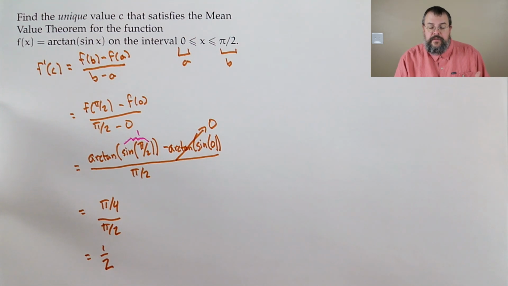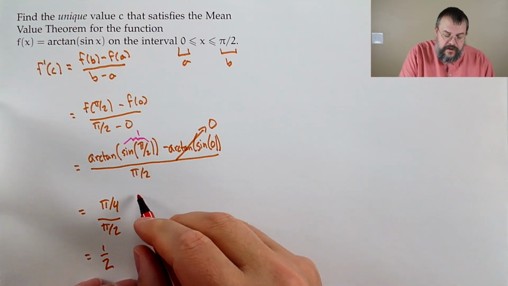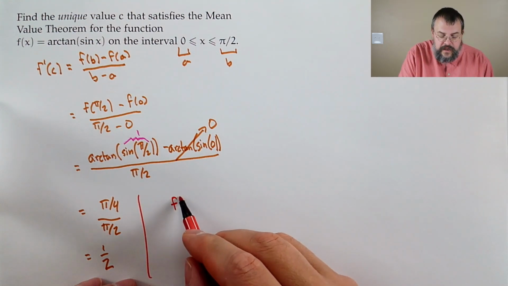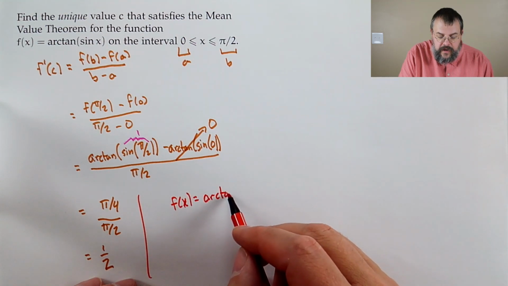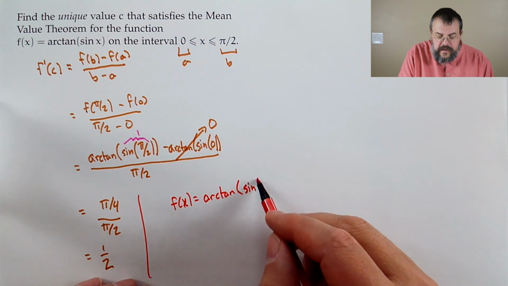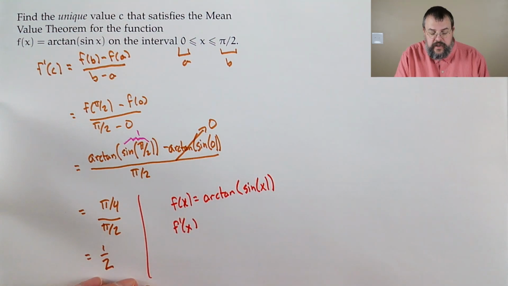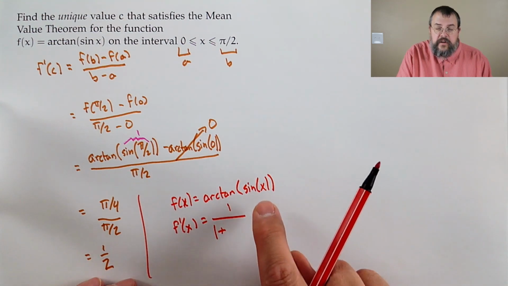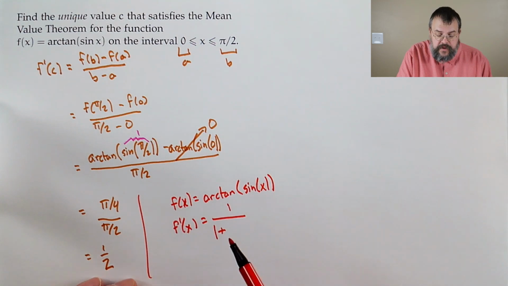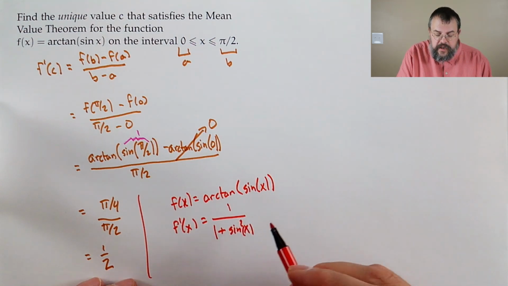So now we found what we need to set the derivative equal to. So our next step is, let's find the derivative. All right, so let's look at our derivative. So our function is arctangent of sine of x. So the derivative, following the derivative for arctangent, is 1 over 1 plus, take the square of what's on the inside, sine squared of x, times the derivative of the inside.